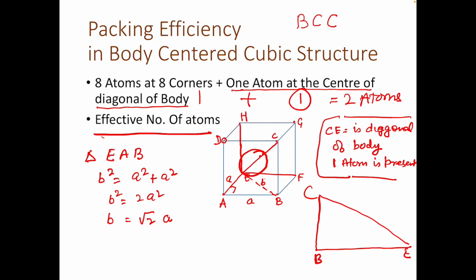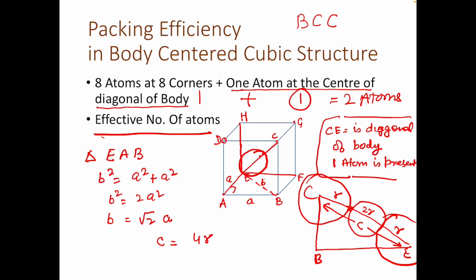So at the center of the diagonal CE, there is one atom present which is shared by only this unit cell, and 2 atoms are present at C and E. Here it is R, here it is 2R, here it is R. So this side, represented by C, we say that C is equal to 4R, and BE is B, which is under root 2A, and BC is A.